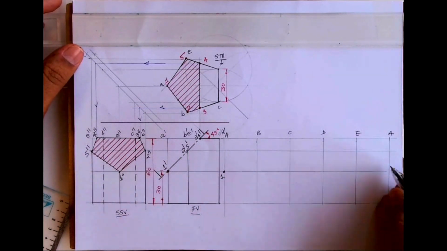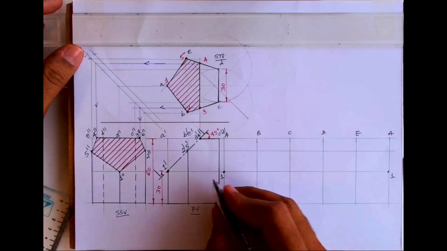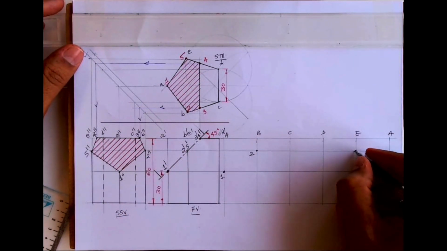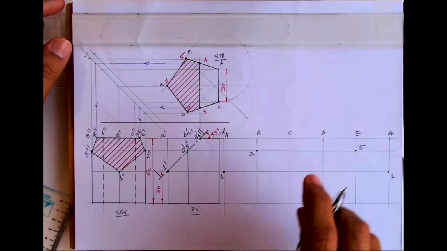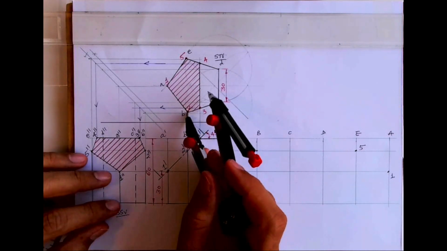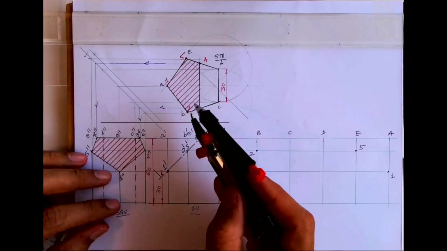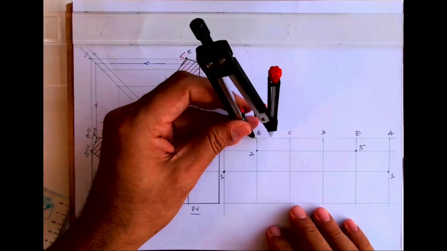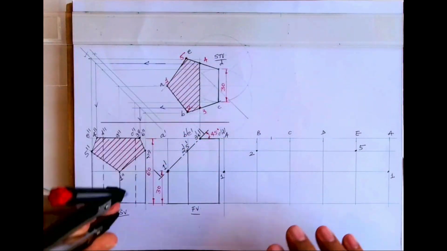Now for the development, see these points. 1, 2 and 5 we can draw very easily. But what about points 3 and 4? So you take B to 3, and from B you cut it over here.